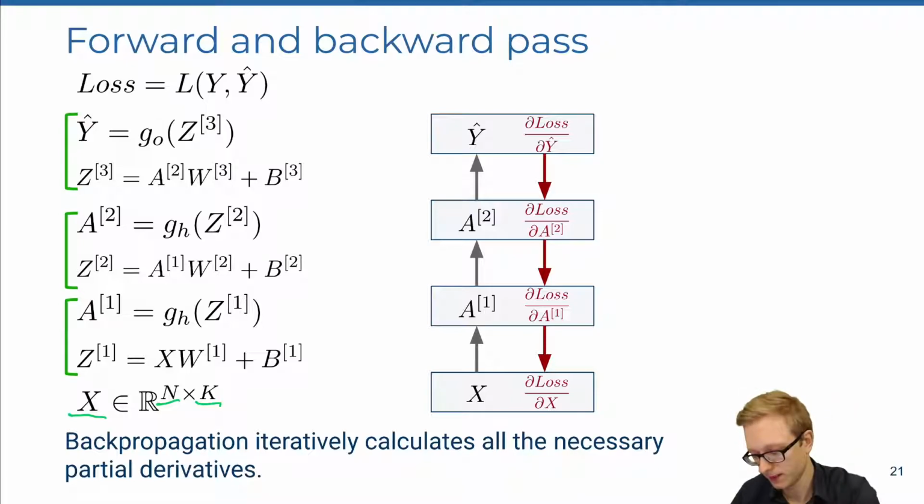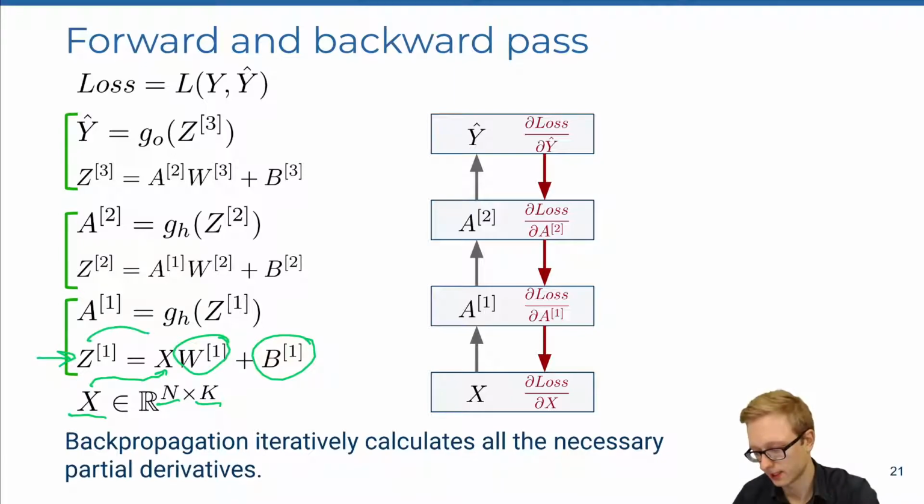We then give this matrix as input to the first layer in our neural network. So this is a linear transformation. It applies a weight matrix and it adds a bias, and then we get this output z.